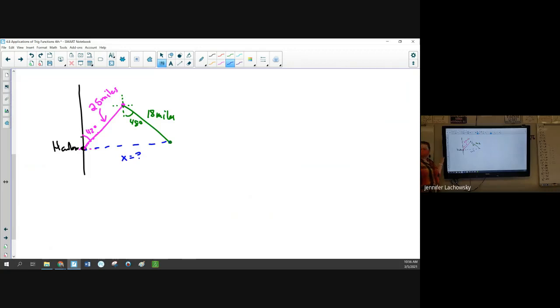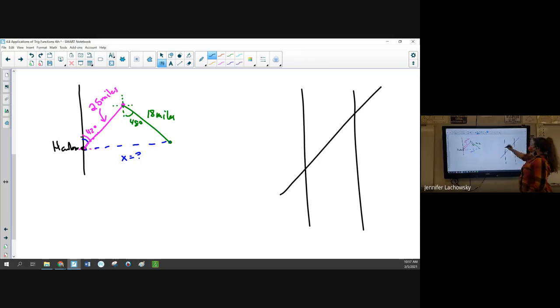Well, what kind of trigonometry are we limited to? Do we have a right angle? Well, here's what we got. I know that this is 42 degrees, right? Do you remember from geometry that if you have two parallel lines cut by a transversal, alternate interior angles are the same?